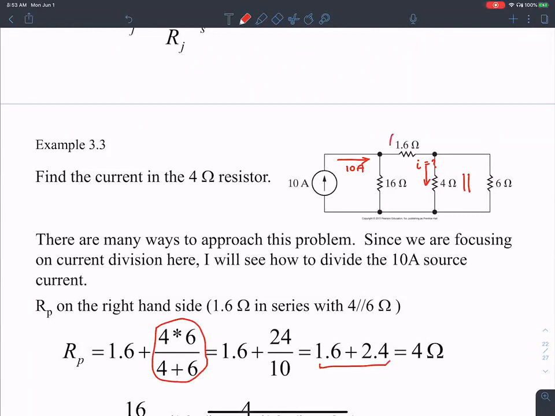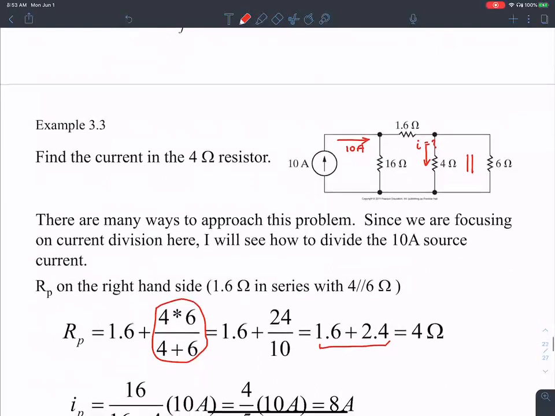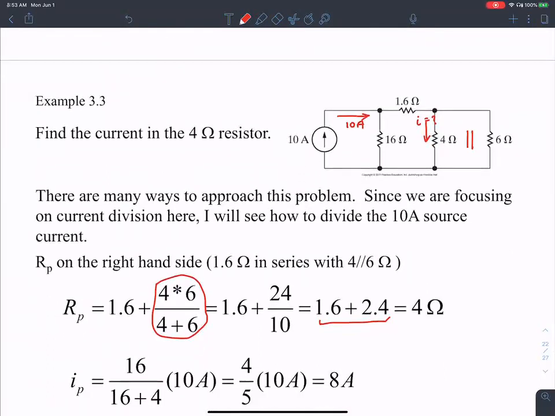So I have 1.6 in series with 2.4, which comes out to be 4 ohms. Then the equivalent resistance will be 16 ohms in parallel with another 4 ohms.